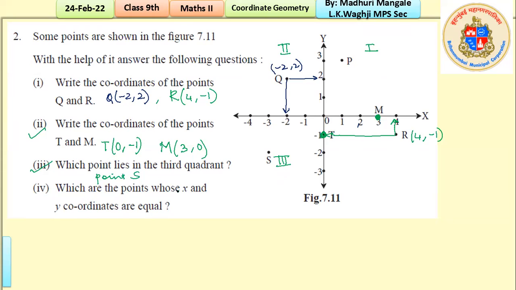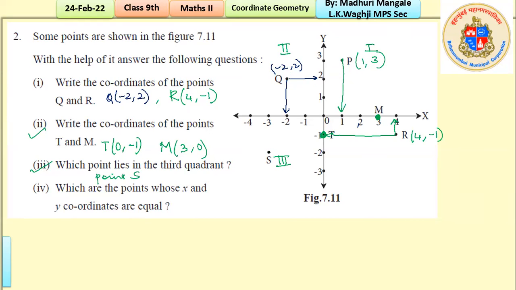Which are the points whose x and y coordinates are equal? You need to see which coordinate has both the values of x and y the same. Coordinates of P, x is 1, y is 3. So no, that's not P. It's not Q because both are different. 2 and -2 are not the same.